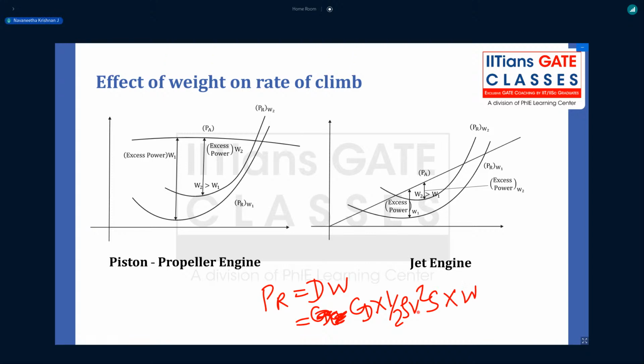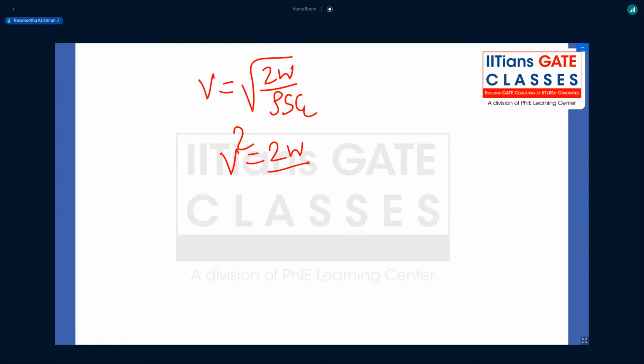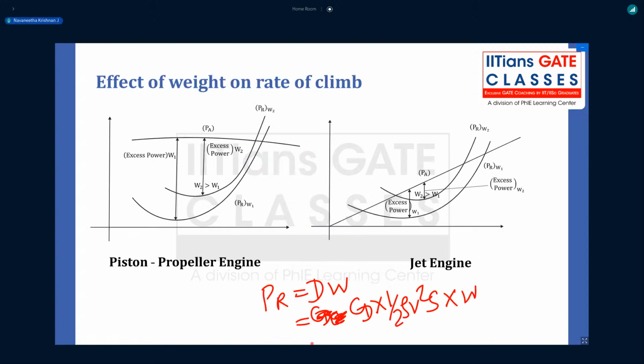We already know velocity is root of 2W by rho S CL, so velocity square is 2W by rho S CL. So the velocity term also contains weight.